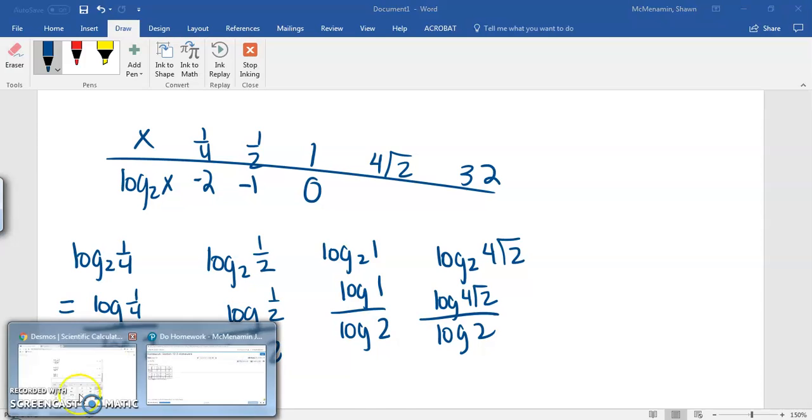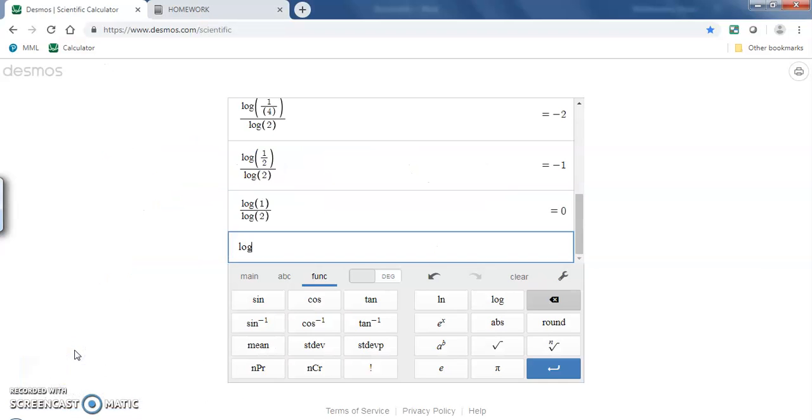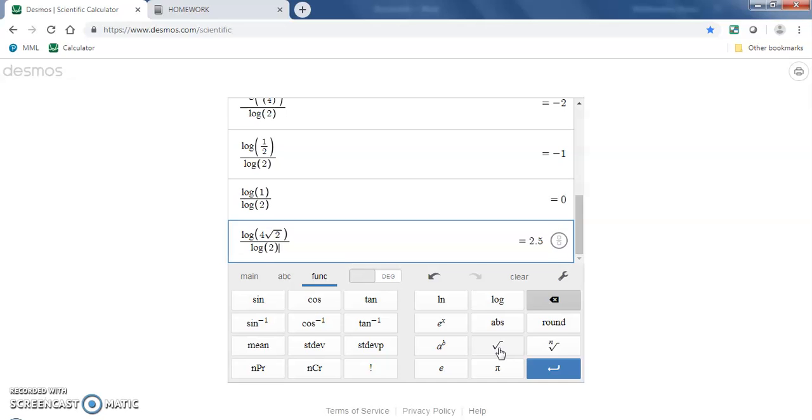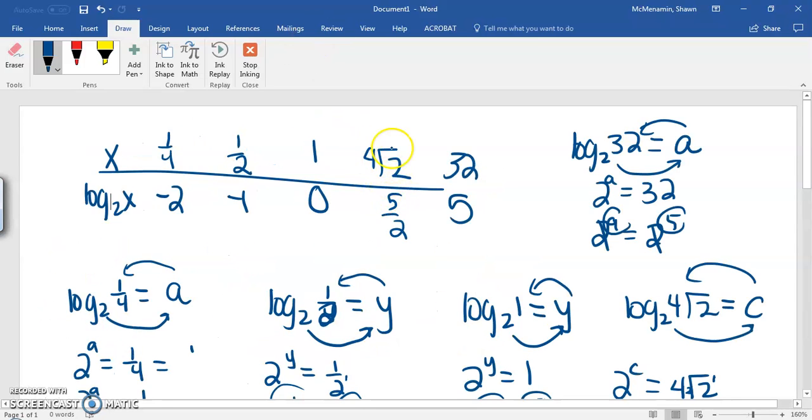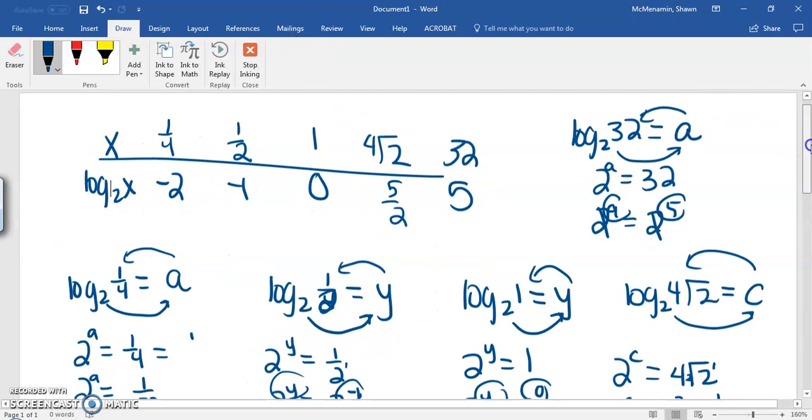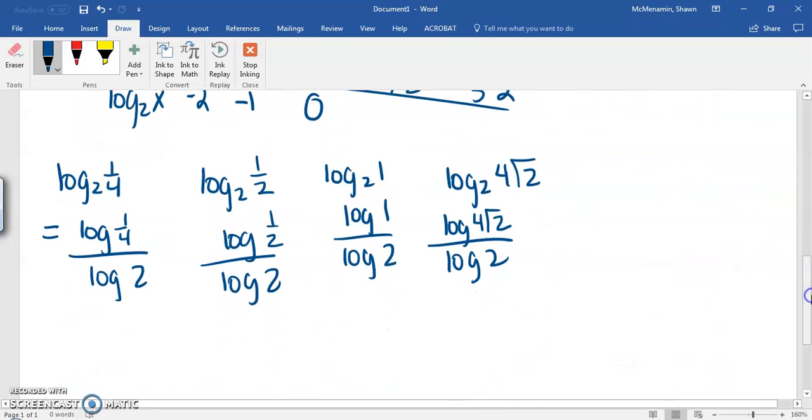So in the calculator, you'd have log of 4 square root of 2 divided by log of 2, and you get 2.5, which is the same thing as 5/2. So you can see we're getting the same answers, -2, -1, 0, 5/2.